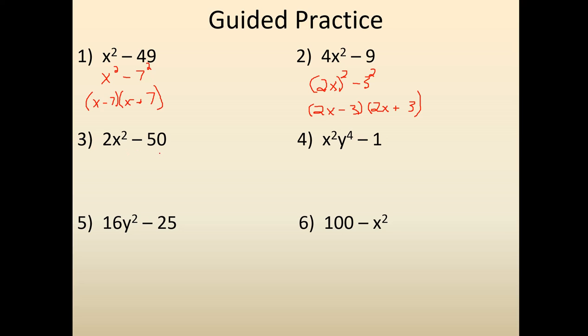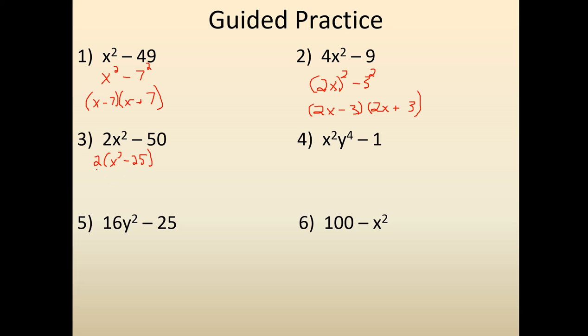All right, now if we go to this one, at first it may not seem like either of these are perfect squares. 2 is not a perfect square and 50 is not a perfect square. This is where we're going to have to continue combining the things that we've done before in order to simplify this. What I can do is pull out a 2 from here, and this becomes x squared minus 25.